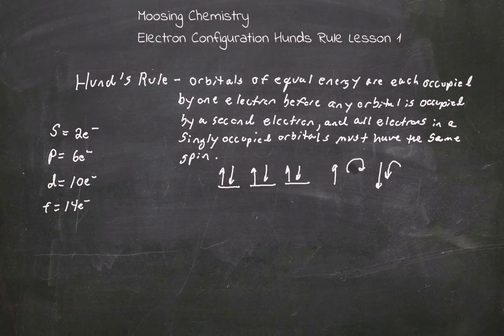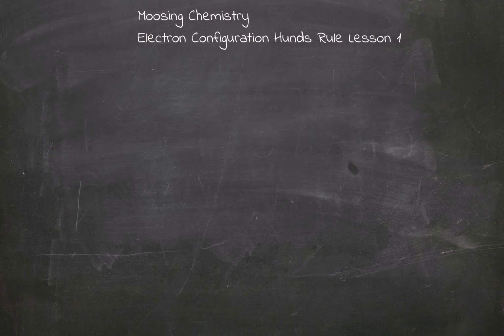Well, let's clear everything here, and we'll look at it in another way. Again, s equals 2 electrons, p equals 6 electrons, d equals 10 electrons, and f equals 14 electrons.